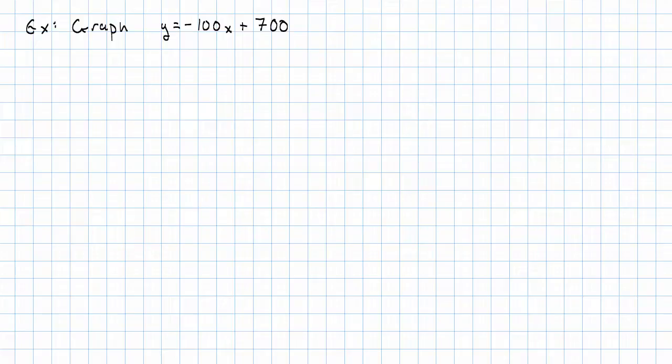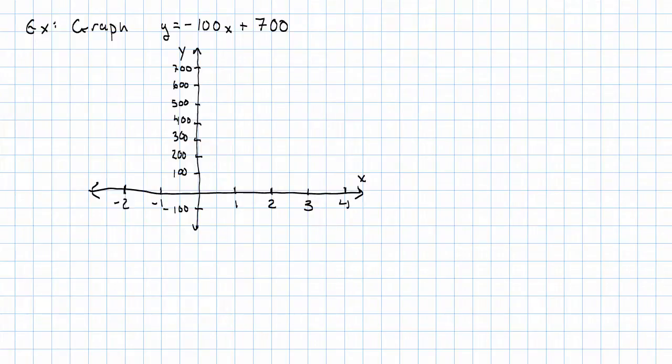And we don't want to graph something where we can draw a slope that really looks like negative 100. Instead, we'll just draw a y-axis with tick marks every 100, and an x-axis with tick marks every 1 as usual. And I've spread them out a little bit just to make our graph a little more spacious.